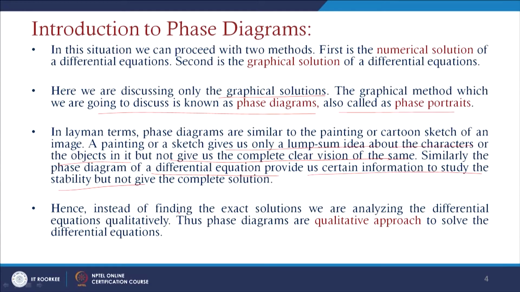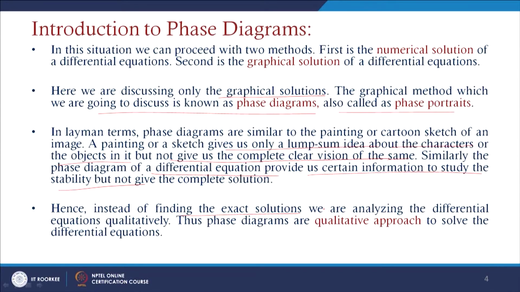Hence, instead of finding exact solutions, if it is difficult to find the exact solution through numerical or analytical approaches, we can visualize things in a graphical sense and analyze the differential equations qualitatively. That is why phase diagrams are a qualitative approach to solving differential equations.